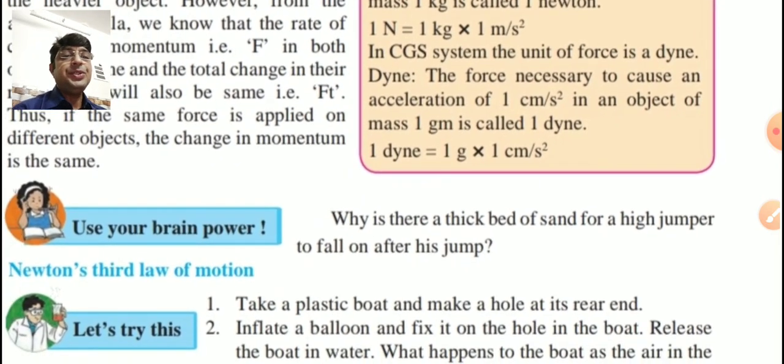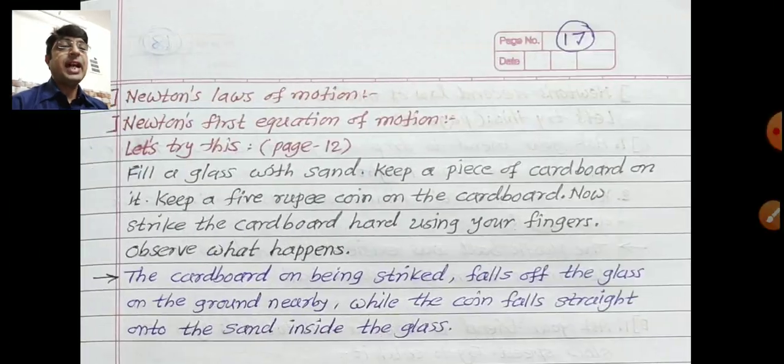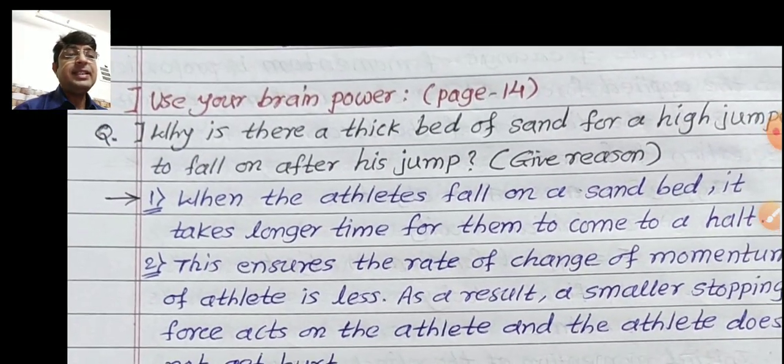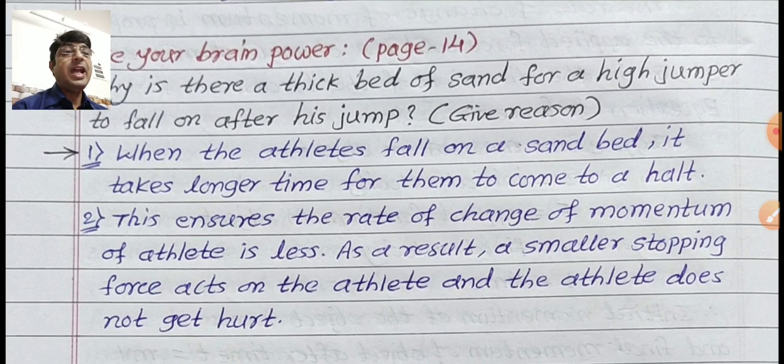Last question, use your brain power. Why is there a thick bed of sand for a high jumper to fall on after his jump? See the answer. This is a give reason question. When an athlete falls on a sand bed, it takes a longer time for them to come to a halt.